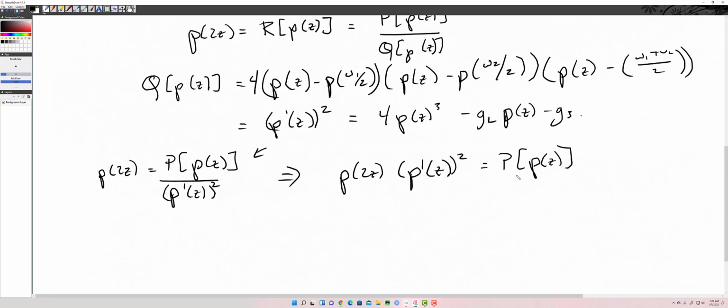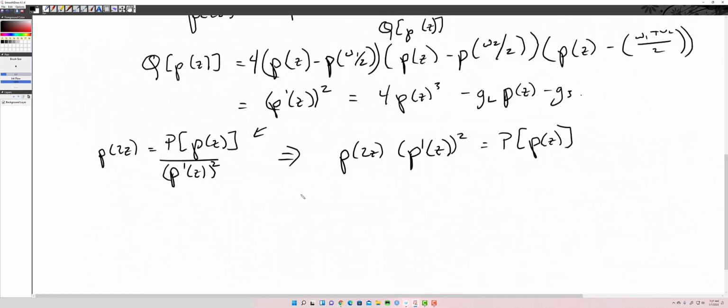And here's where that stanky algebra comes in. You break this into a Laurent series. You do the same for this, and then you multiply.